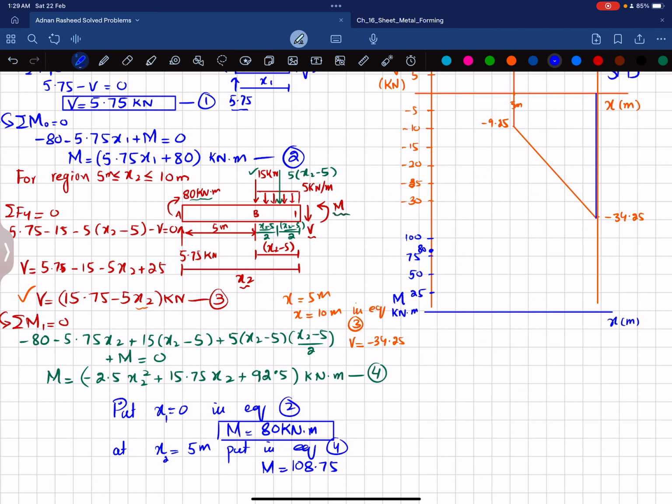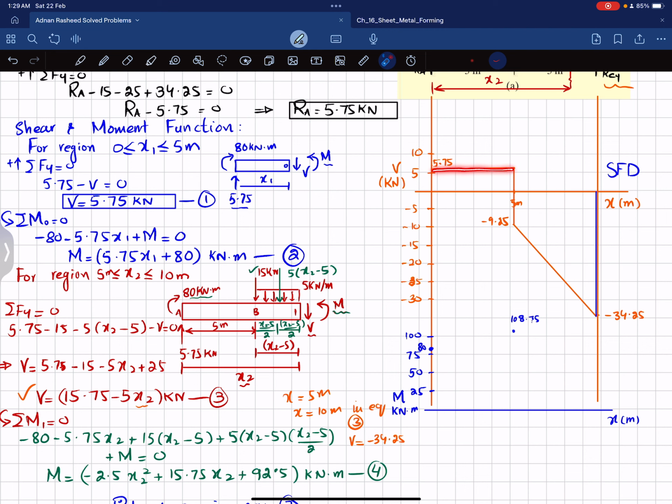Let's say 108 is this point. So 108.75 kilonewton. Also you can see that this shear force is a horizontal line, so bending moment will be 1 degree higher and slope will be increased. So you can join these 2 points.